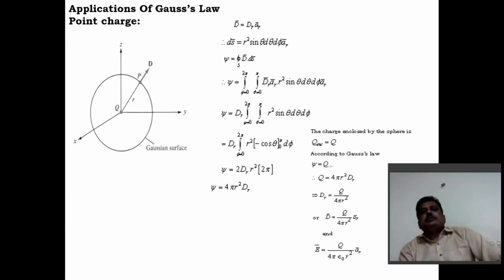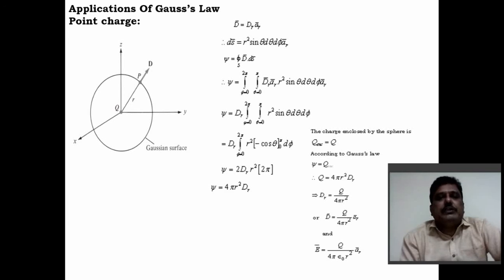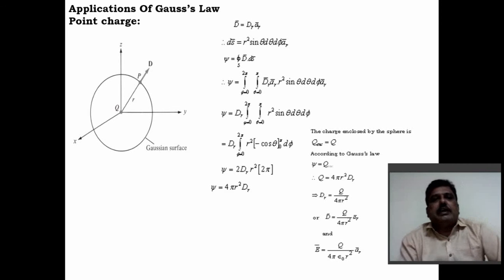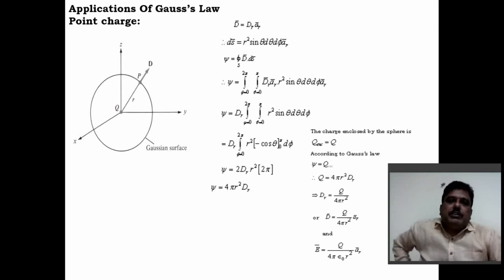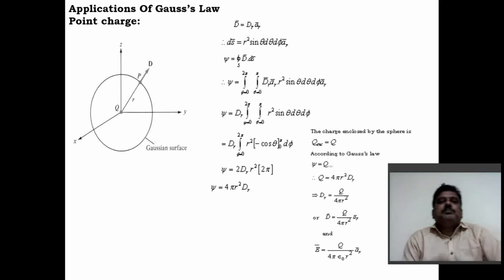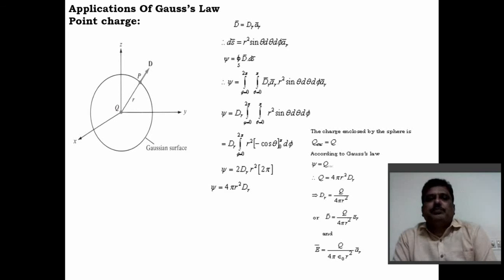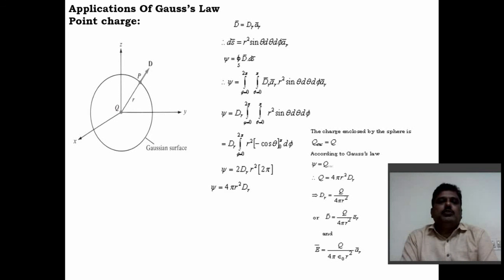Since it has spherical symmetry, we can use the spherical coordinate system along with Gauss's law to determine the electric field intensity at any point P due to point charge Q. Assuming the Gaussian surface as shown, let us first find the electric flux density.